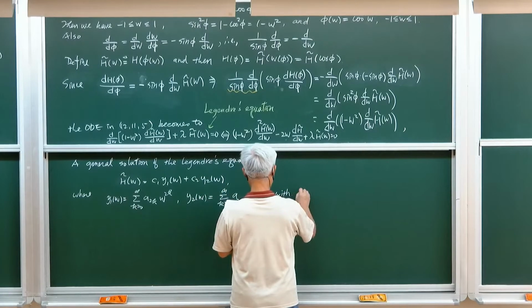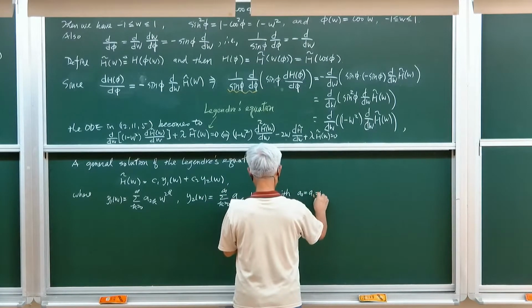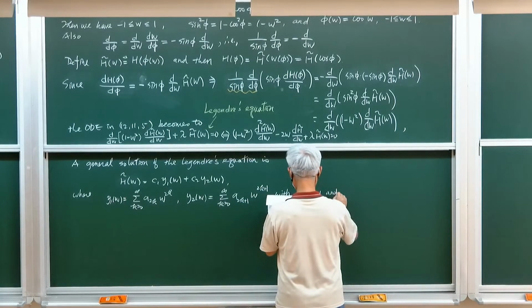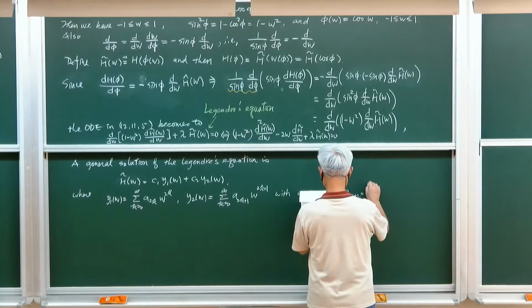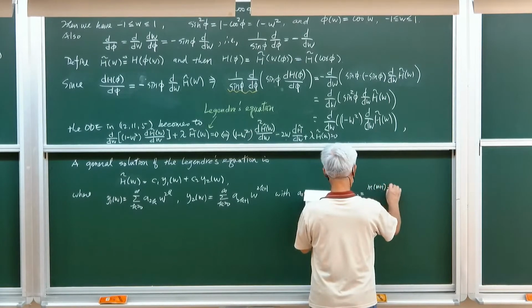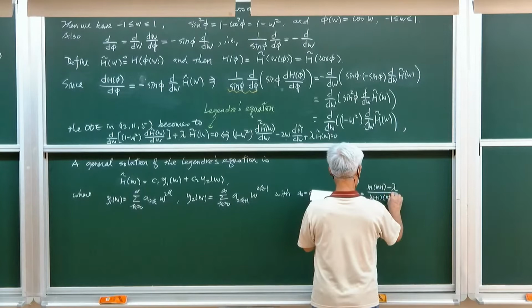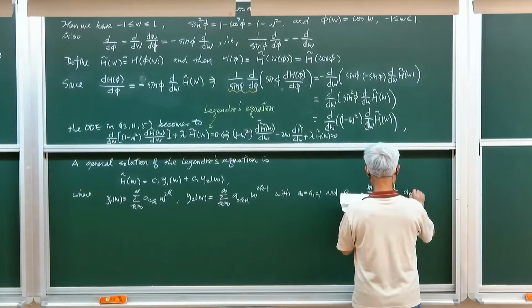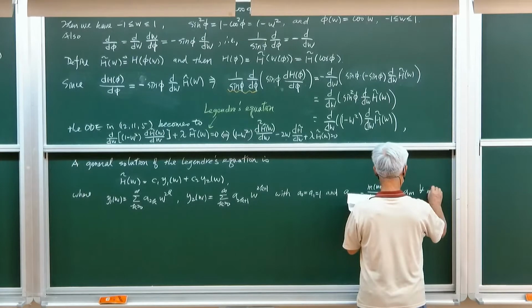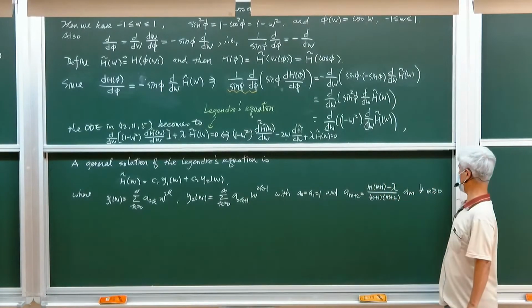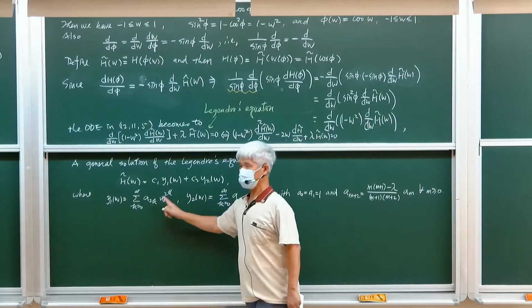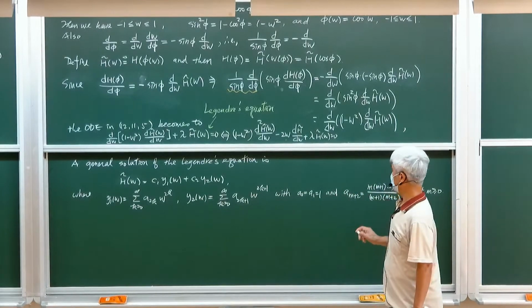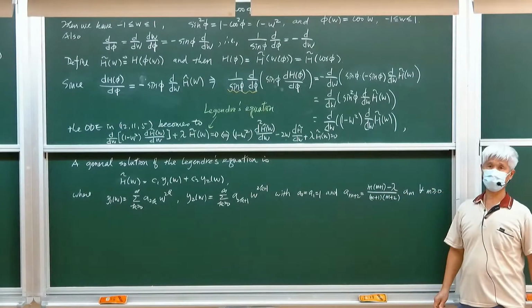With a0 equal to a1 equal to 1, and a_(m+2) is equal to m times (m plus 1) minus lambda, divided by (m plus 1)(m plus 2), times a_m, for all m greater than or equal to 0. Okay? So the coefficients of these two series have been specified here.